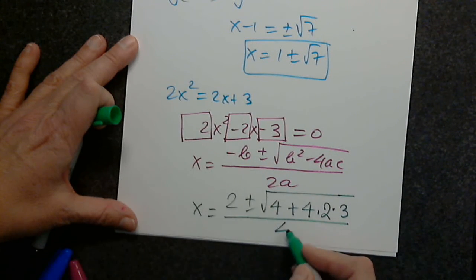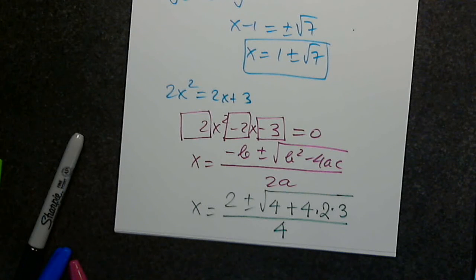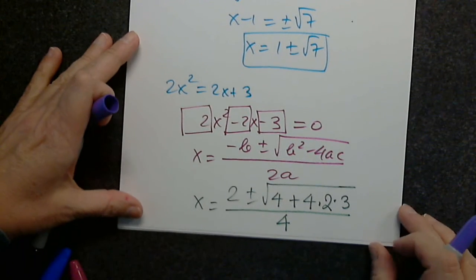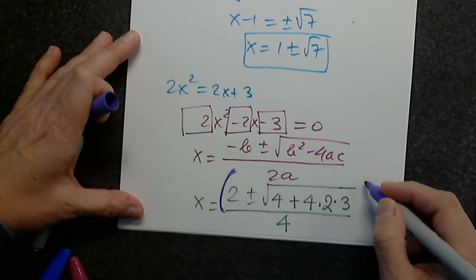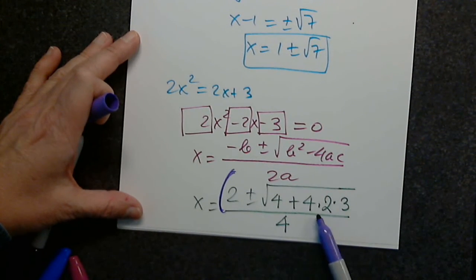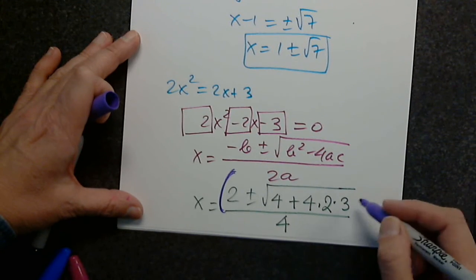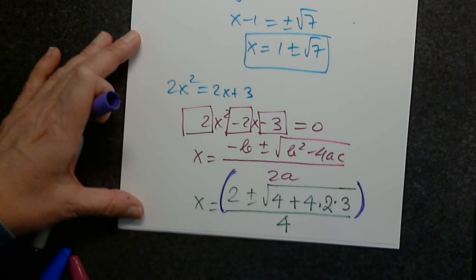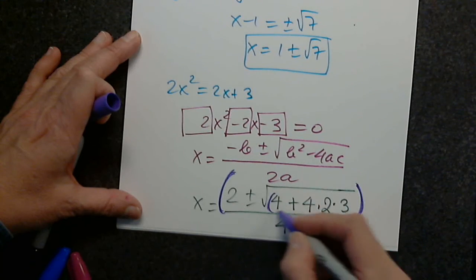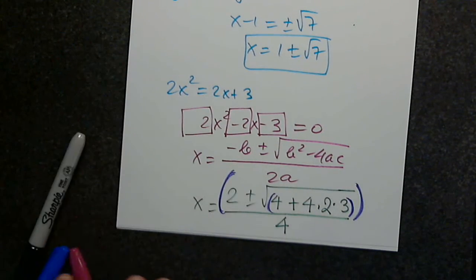Over 2 times 2, which is 4. Otherwise I will have to use a lot of nested parentheses. So here's what I recommend. Let's put this in the calculator from the beginning. So we can create a simplified form, and we can also determine the approximate solution.